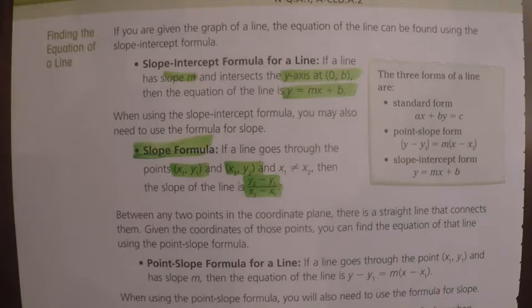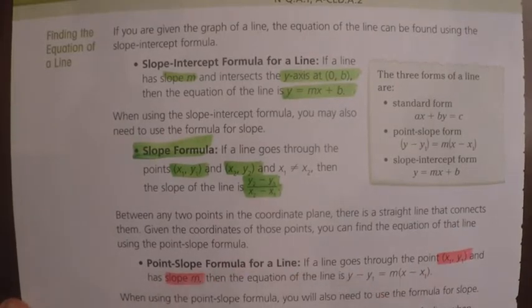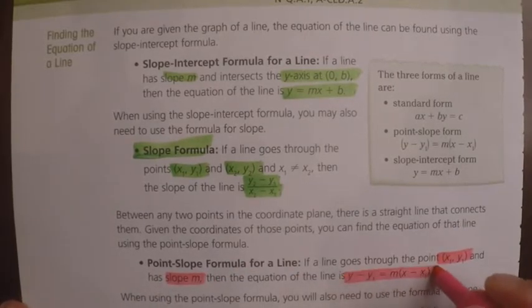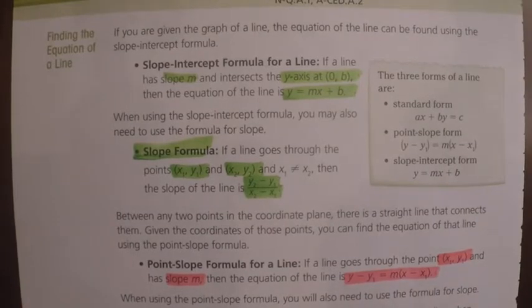Another one that is sometimes a little bit easier to work with is the point-slope formula. If you're given a point and you're given the slope, then we can use this equation: y minus y1 is equal to m multiplied by x minus x1.